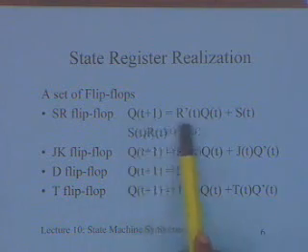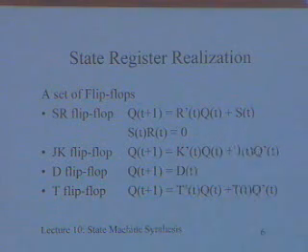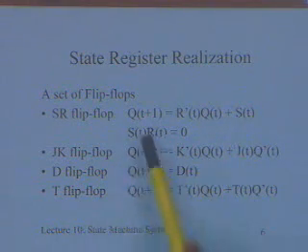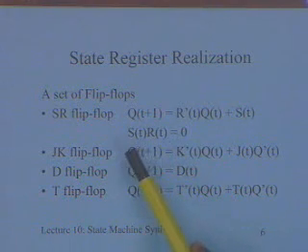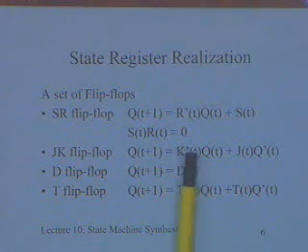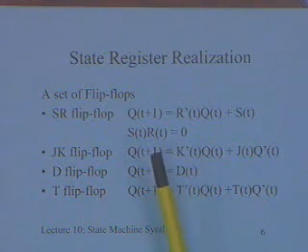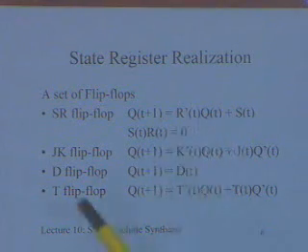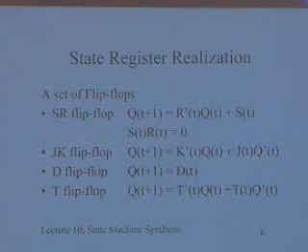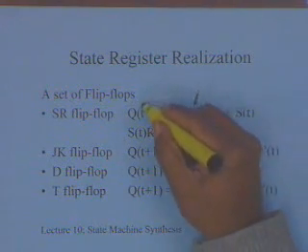Now let's look at this. These are called the characteristic equation of a flip-flop. For any flip-flop that you take, we write a characteristic equation. Though it looks like a typical Boolean equation, and all these variables are Boolean, we have this time and we have this t plus 1.